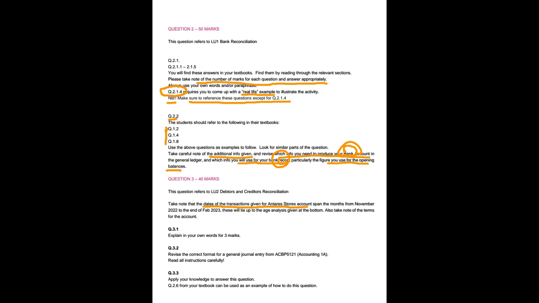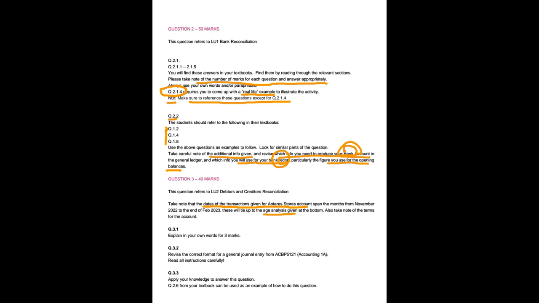And then talking about the age analysis, at the bottom of the statement printed on page 7, we've got an age analysis that says 90 days, 60 days, 30 days, and current. So what that means is that in bookkeeping with credit accounts, the current month will always be the latest month that we have just closed off our books for.